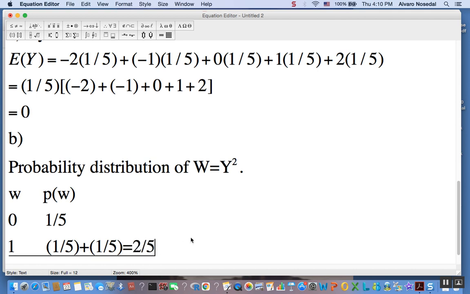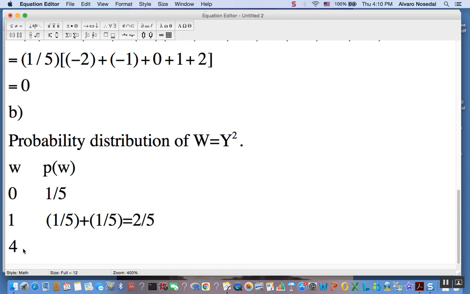Making progress. We have a similar situation for W being equal to 4. W will be 4 if Y is -2 or if Y is +2, and that happens with the same probability, 2 over 5.